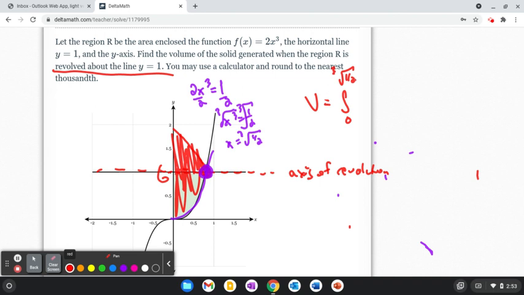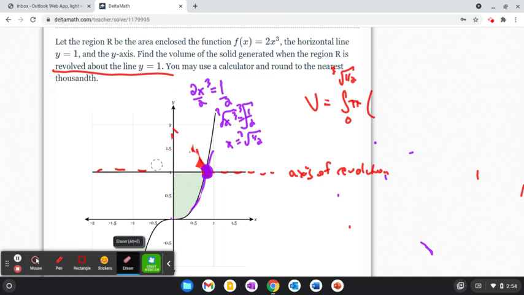Okay, and then let's figure out what our radius is. We've got pi. Another easy thing to forget is to write that pi. Our radius here, let me go ahead and erase some of this stuff. Our radius, again, is not just the function. It is the top function minus the bottom function, because we want the area between.